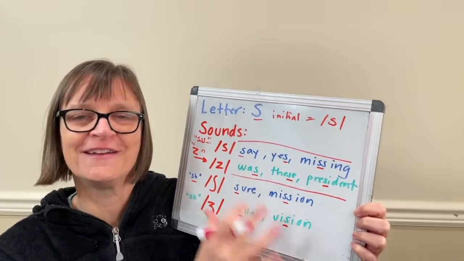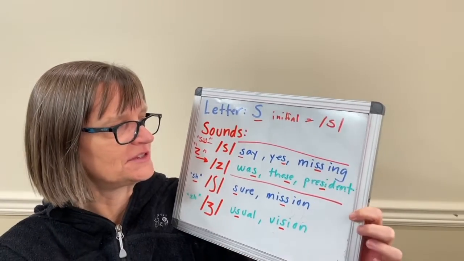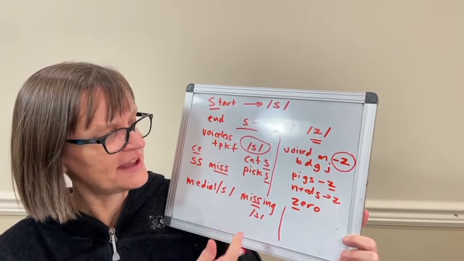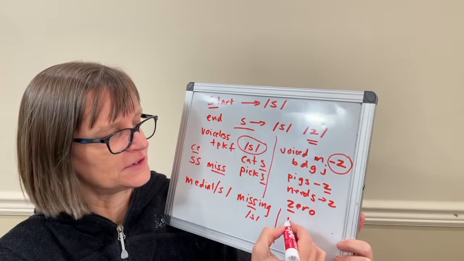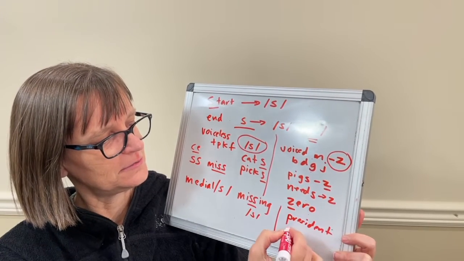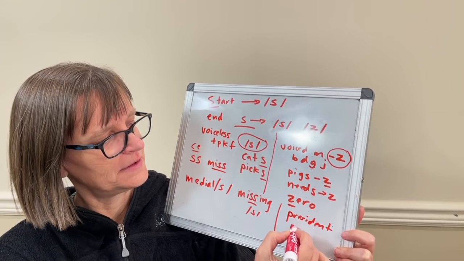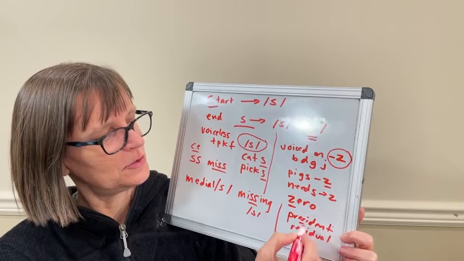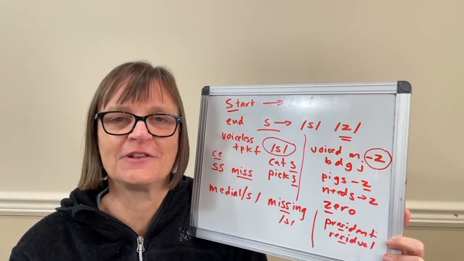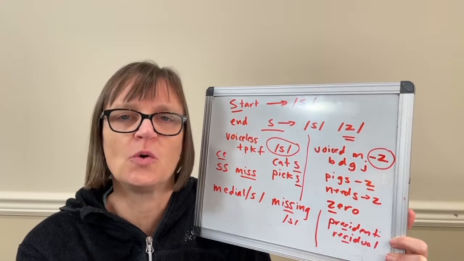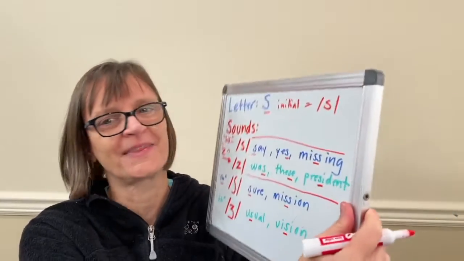So if you learn those few exceptions, that should be helpful for you. In the middle, you can count on a lot of s sounds and then a few z sounds. For example, president, resident, residual, etc. So just be aware that your letter S in the middle will often say s, but sometimes it will say z or sh or zh.